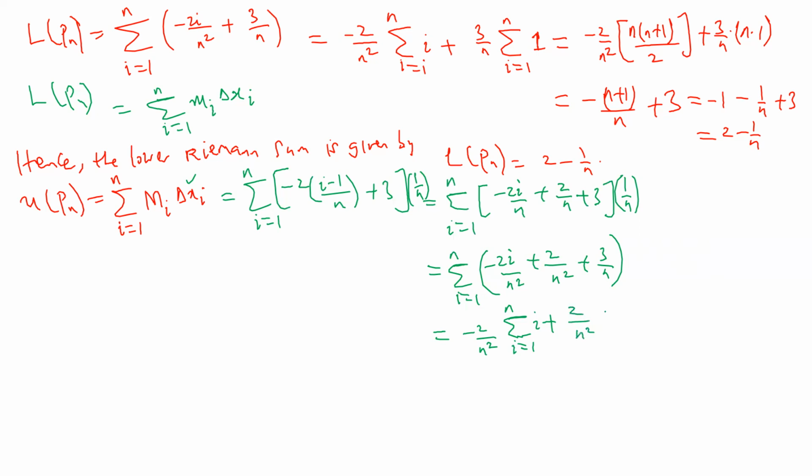So you have n squared, which is a constant. The only variable is i. So you have this 1. The 3 over n is also a constant. And then you have 1.